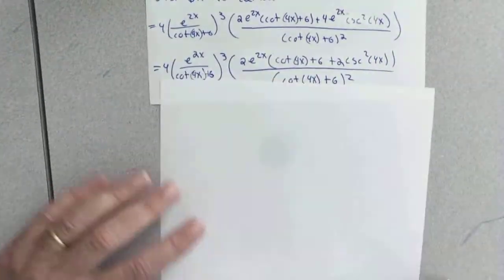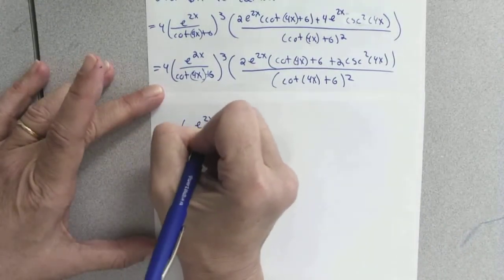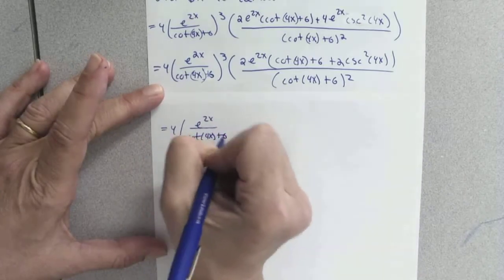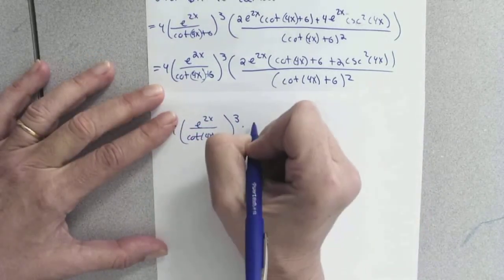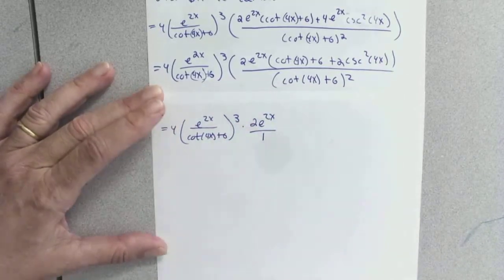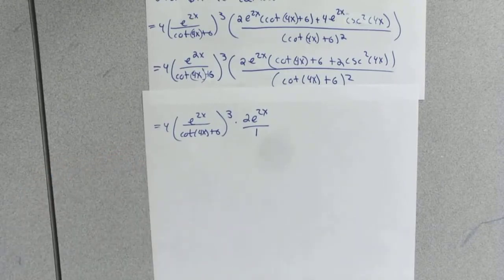Just a little bit more simplification. I could be very explicit here. I could even take that e to the 2x and make it its own fraction.